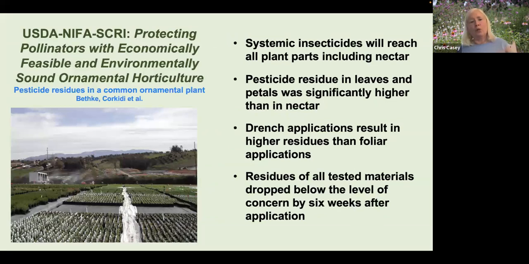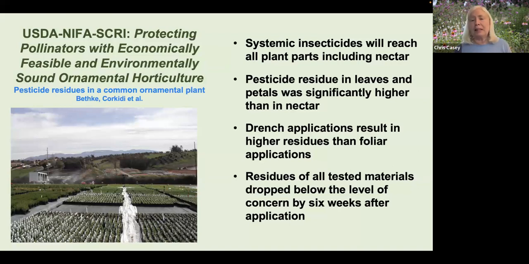Another component of that study was to look at the movement of systemic insecticides, specifically neonicotinoids, in plant parts, including nectar and pollen. And some interesting things came out of that I think begin to give us some reassurance about the use of pesticides in plant production, and also some guidelines for growers in order to allow them to produce plants that are going to be safe and healthy for bees.